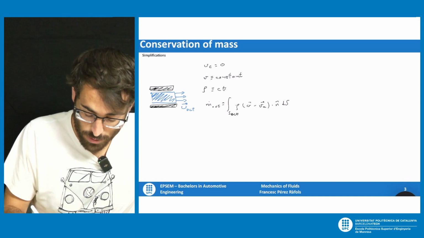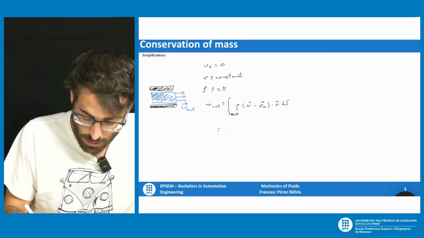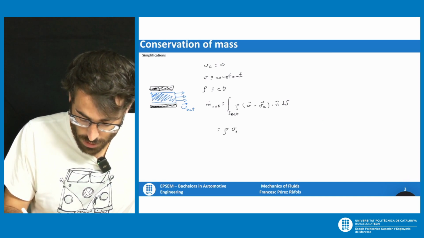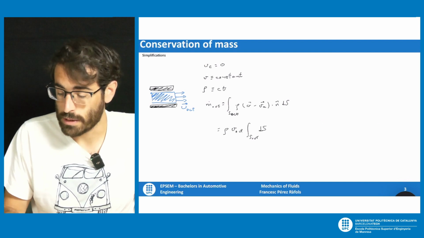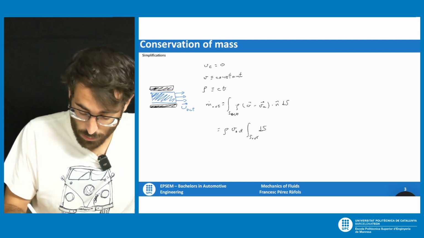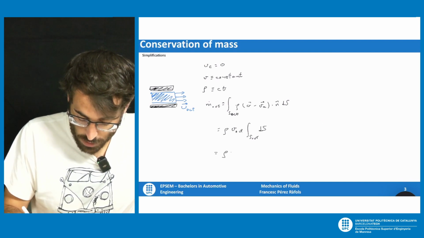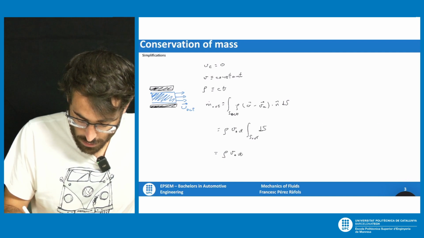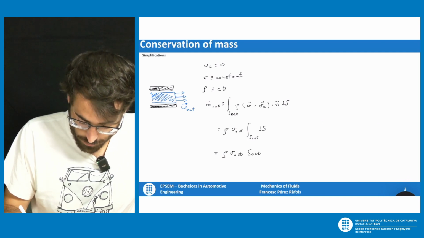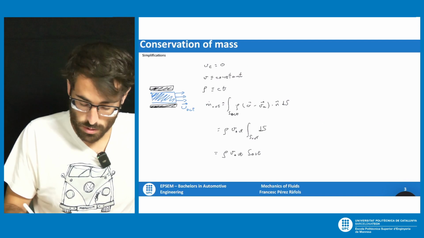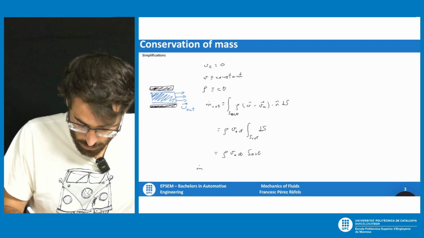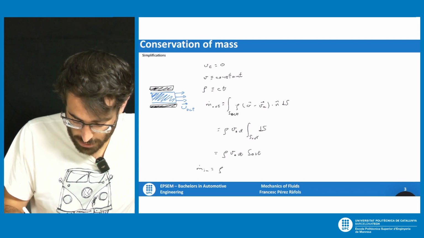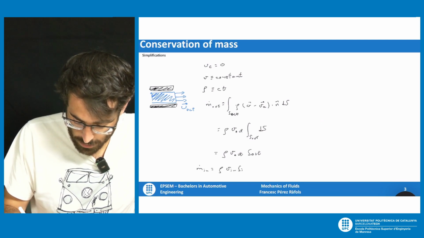Since everything is constant, this is equal to rho and the velocity at the outlet, times the integral over the outlet surface of dS. Of course, this is simply the area at the outlet. So this will be rho v out S out. And we can do the same at the inlet, and we find exactly the same: rho v in S in.